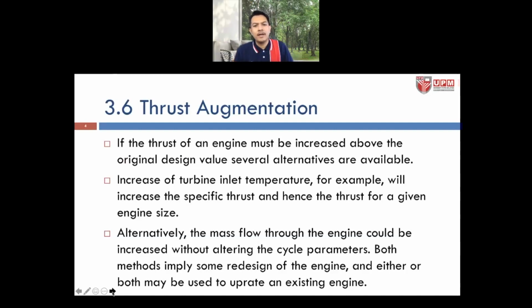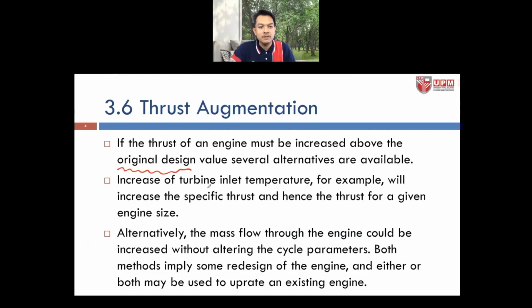If the thrust of an engine must be increased above the original design, so imagine you have an engine that would like to be operated above the original design value, several alternatives are available. The first one is basically to increase turbine inlet temperature.